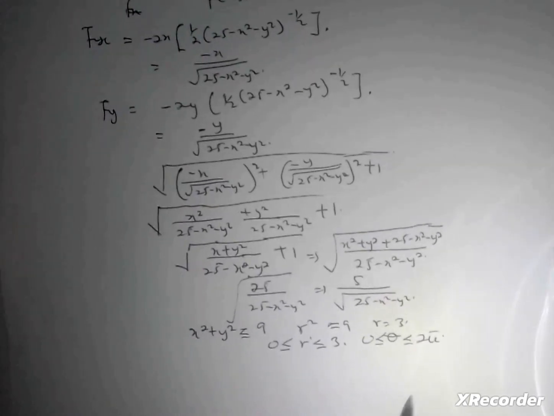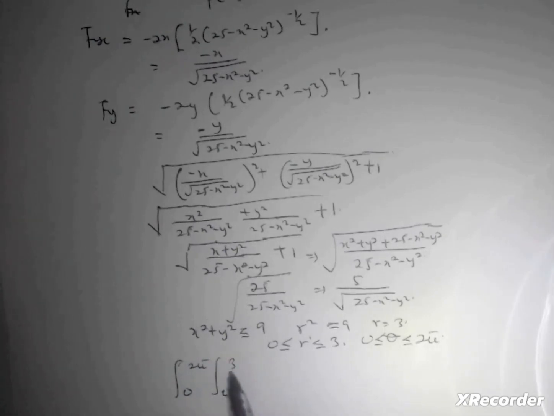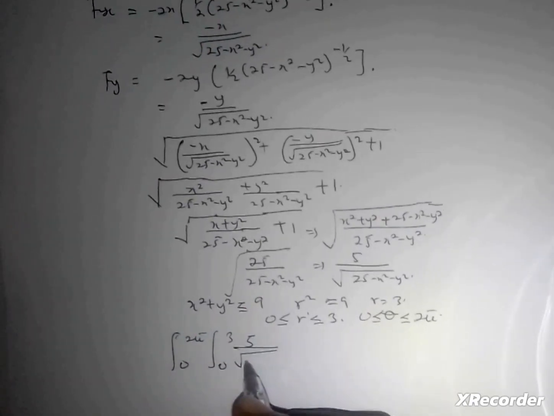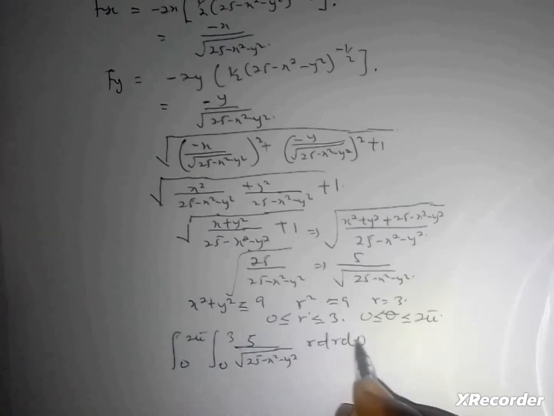So what I'm left with is my double integral, 0 to 2 pi outer, 0 to 3 inner, of the expression 5 over the square root of 25 minus x squared minus y squared, r dr d theta.